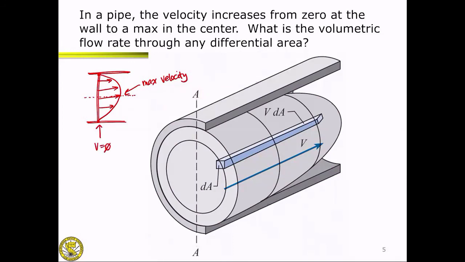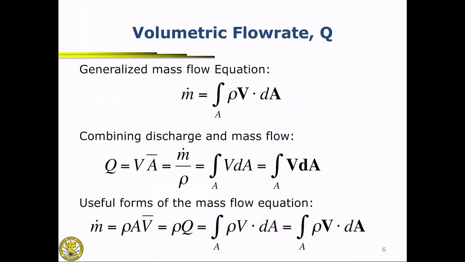So the question is, what is the volumetric flow rate through any differential area, okay? So Q is going to be the differential velocity multiplied by dA, okay? You essentially are going to take that integral with respect to that cross-sectional area, okay? So I'm going to show you a few other useful equations.